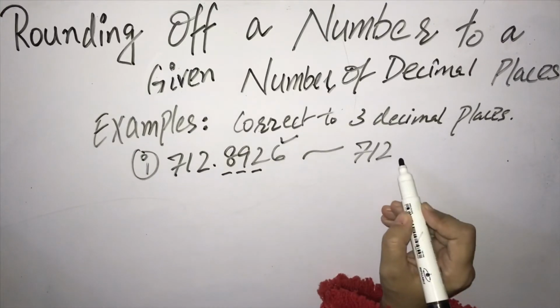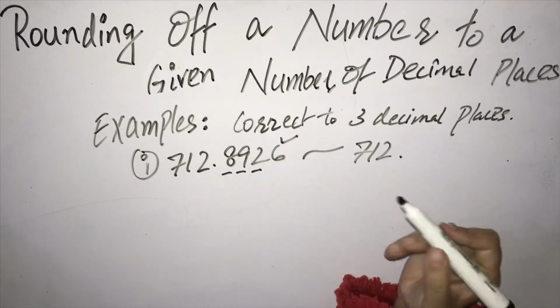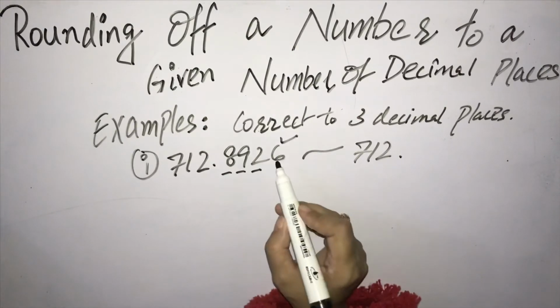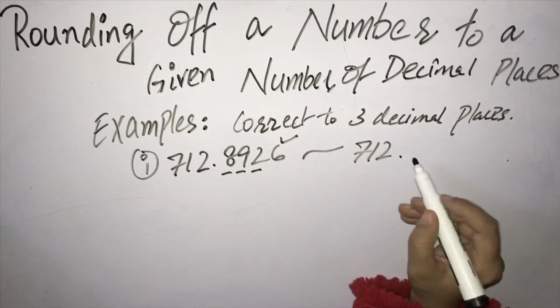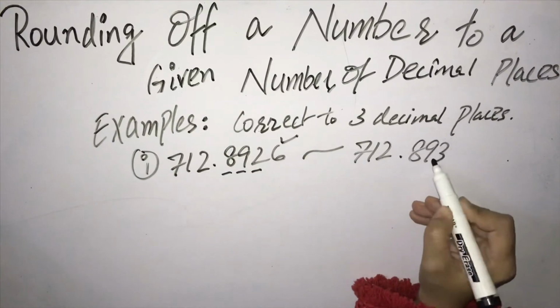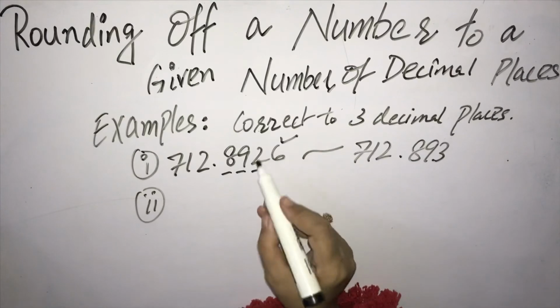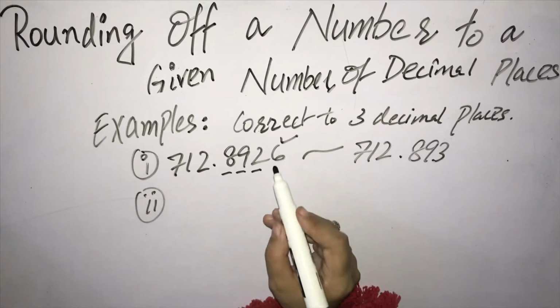This part will remain as it is. We shall not change it in any case. We are working on 3 decimal places. The fourth number is more than 5. So our answer will be 893. As 6 is more than 5, so this 2 will become 3 and we shall drop this 6.